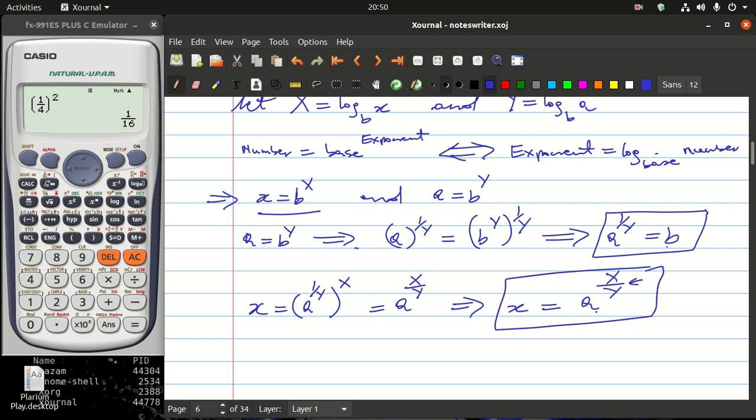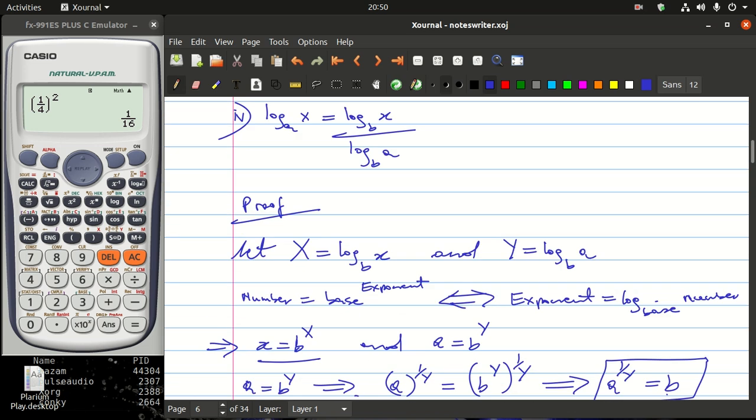This is an exponent, this is the base, this is the number, and then we use that conversion. So basically, using this conversion, we are going to have x divided by y is equal to log, where the base here is a, and the number is x. And you go back and ask yourself, x was this and y was that.